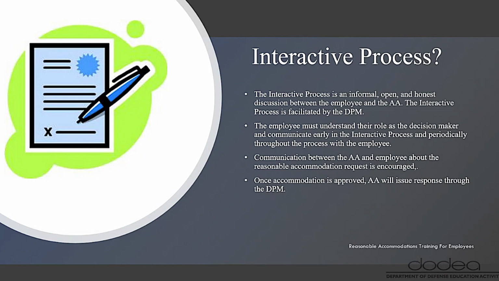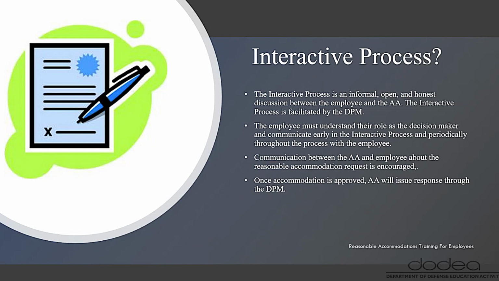If you're in HQ, it'll be your branch chief. In some cases, if you're at the fifth level, it may be your division chief. It just depends. The disability program manager in your region will determine who the appropriate authority is to help them process and respond to your request. That's not something that you're going to have to determine. That's something that my team does as part of their process.